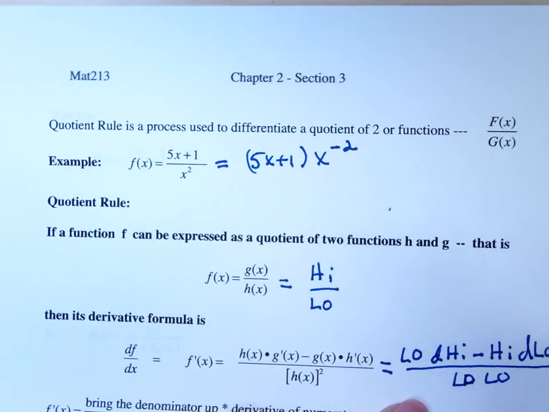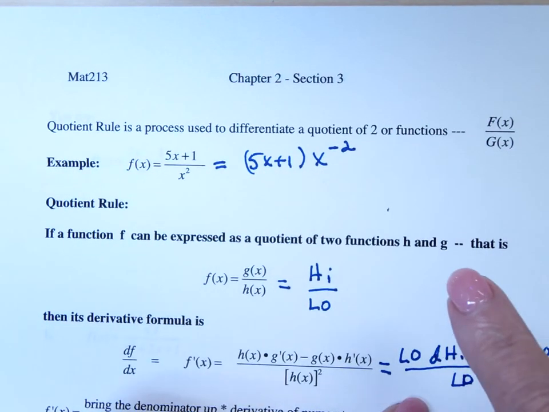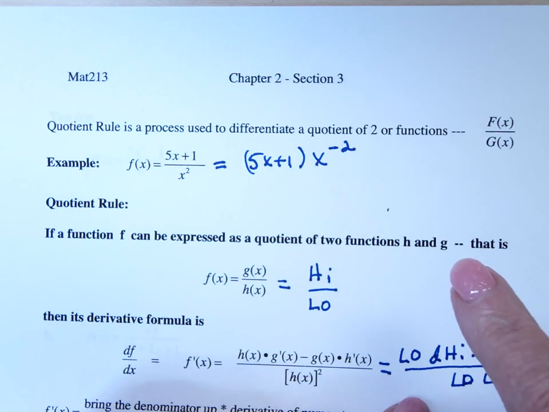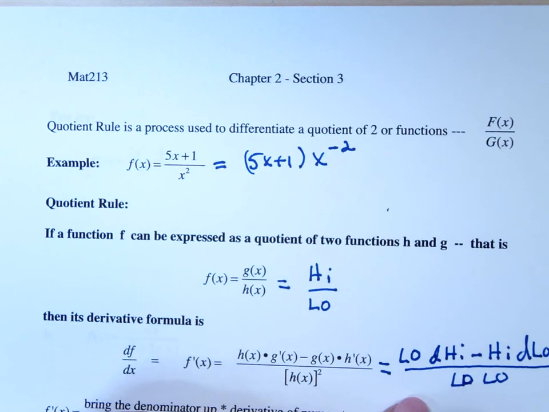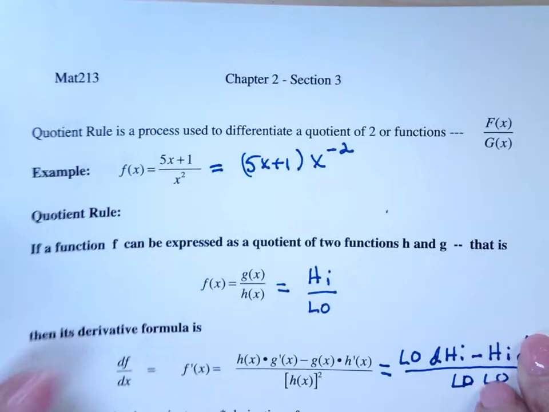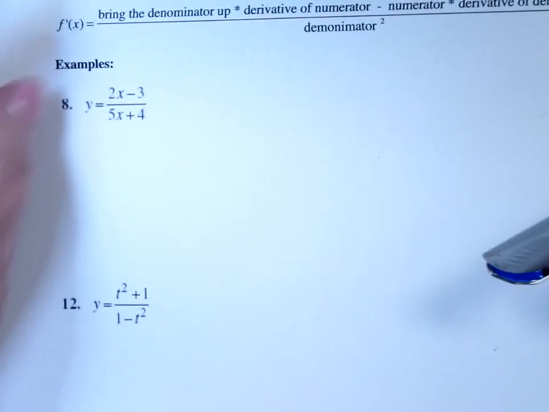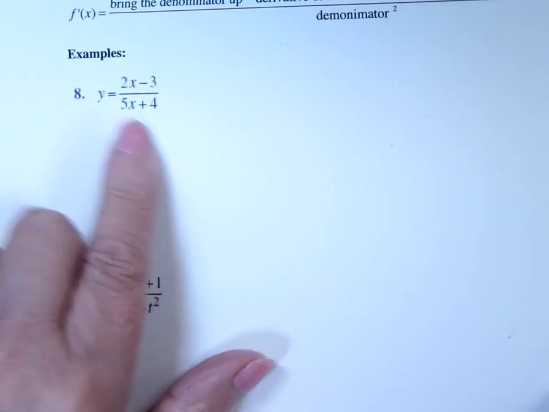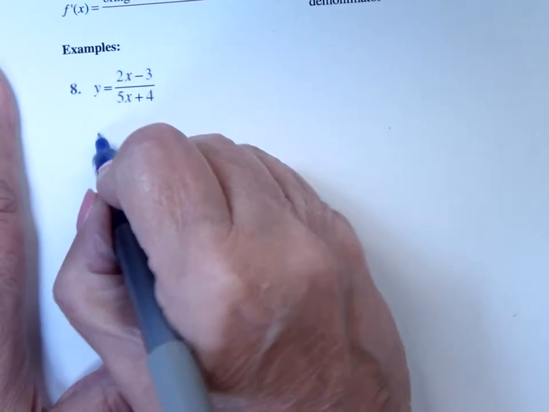Quotient rule basically makes the simplification easier. I had some god-awful factoring problems to do because I couldn't remember quotient rule. That's what happens when you have to simplify. Right now we're not simplifying. So here we go. Bring the denominator up.